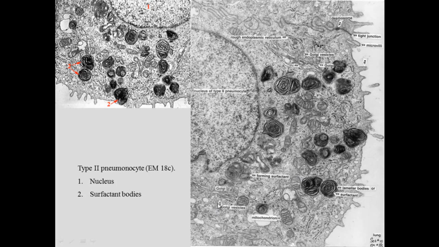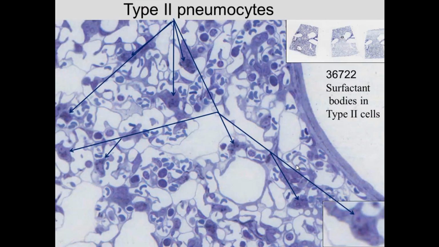You can see some Golgi vesicles in through there, as well as mitochondria to provide energy for transport. Here we can see type 1 pneumocytes here, here, here, here, here. They have to be everywhere around so they can facilitate the reduction of the surface tension inside the alveolus.